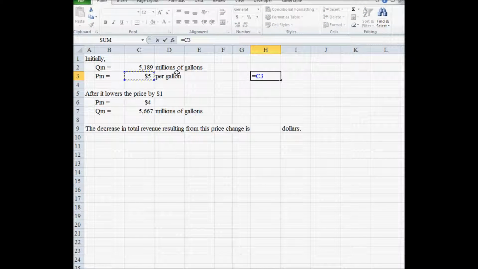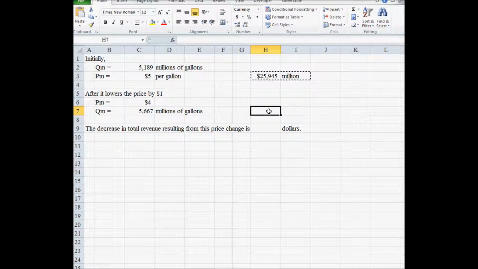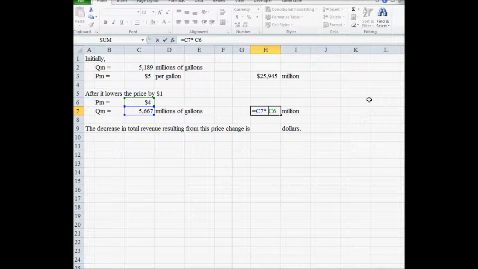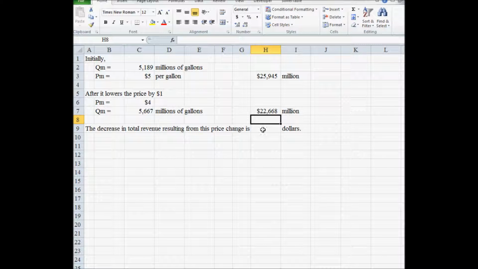The revenue before equals that, and that's in millions of dollars. After it lowers the price by $1 per gallon, its revenue falls to $22,668 million. So the decrease is $3,277 million.